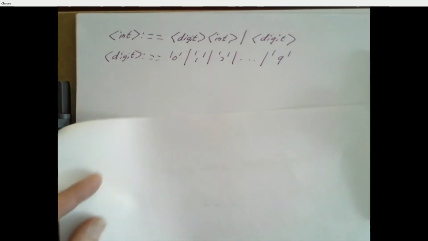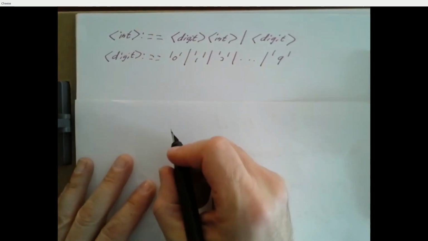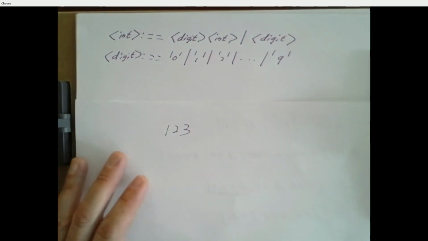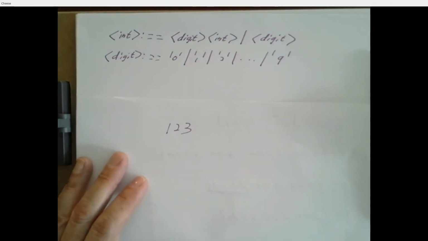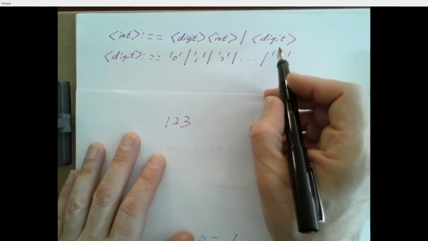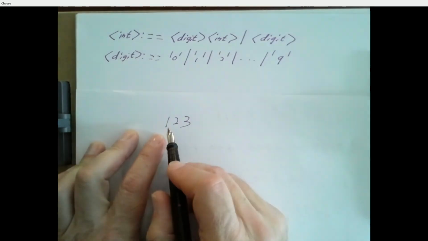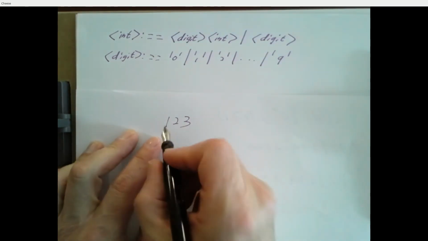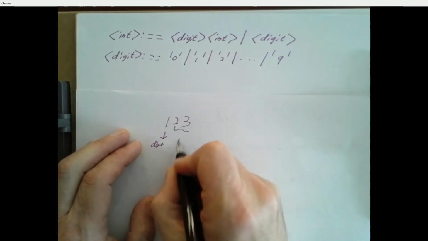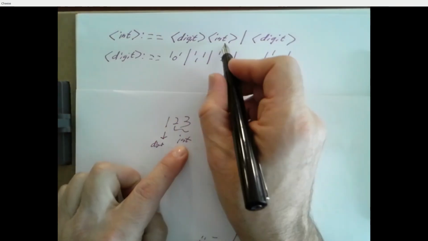So let's look at some strings. The string 1, 2, 3, right? It's not just a single digit, right? Because it's not just a 0, 1, 2, 3, or 5. But it could be a digit followed by an integer.